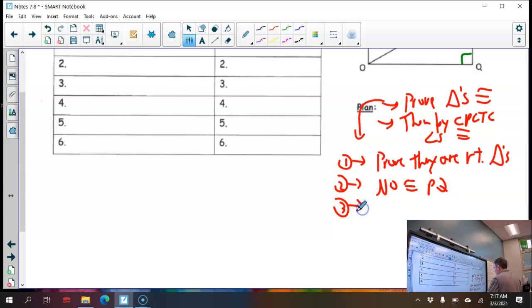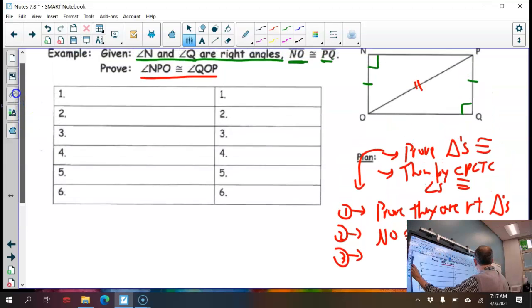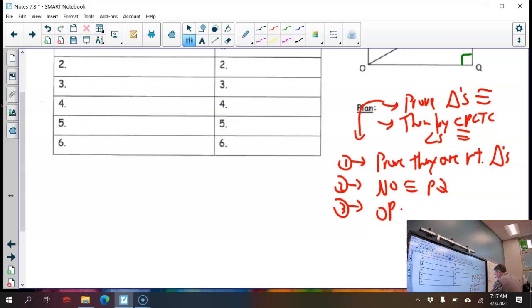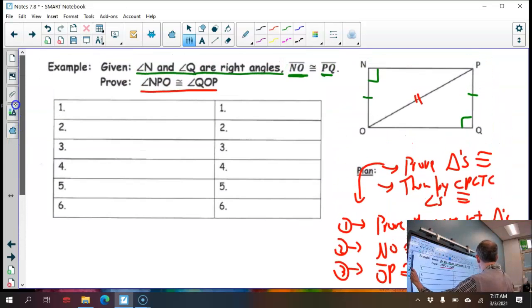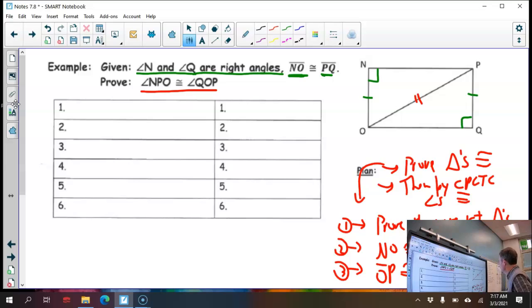And tiny little proof number 3 is going to be to prove that, I've already forgotten my lettering, OP is congruent to OP. If I can prove those 3 things, my 3 tiny little proofs, then the triangles will be congruent by the hypotenuse leg method. Those are the 3 things I need to prove for the hypotenuse leg: that I have right triangles, that a leg is congruent, and that a hypotenuse is congruent. All right, there's my plan.